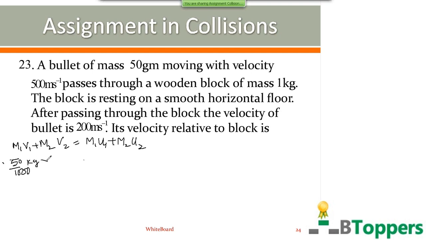And after the collision, the bullet comes out of the block with a velocity of 200 meters per second. So v1 is the velocity of m1 just after collision, that means the velocity of the bullet after collision, that is 200 meters per second. m2 is the mass of the block, that is 1 kg. v2 is the velocity of the block just after collision, which you have to first calculate. u1 is the initial velocity of the bullet before collision, which is given to be 500 meters per second.